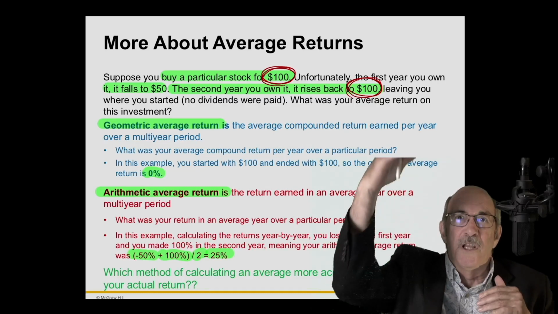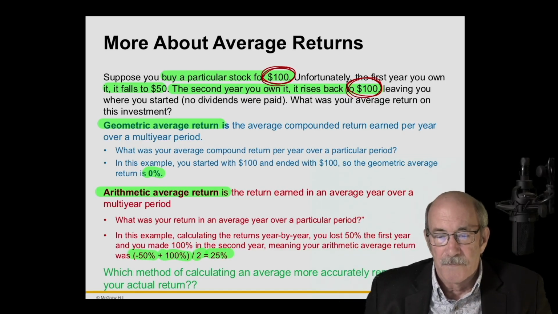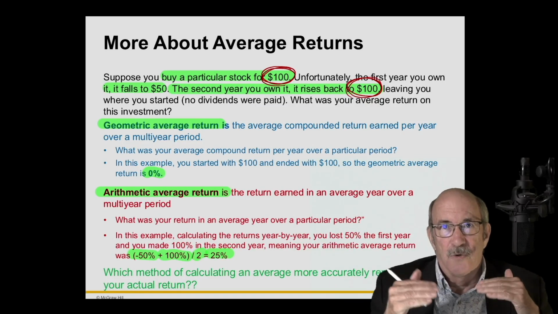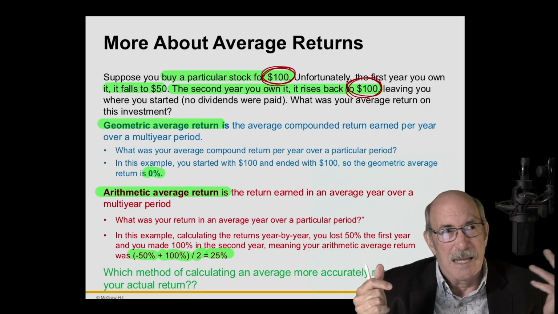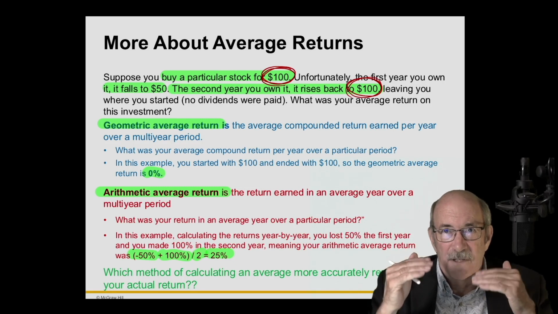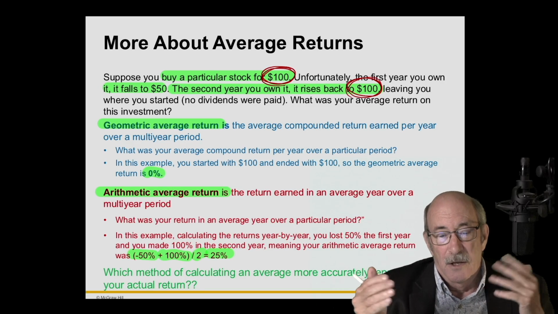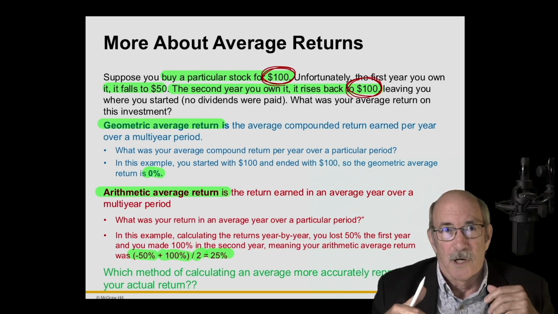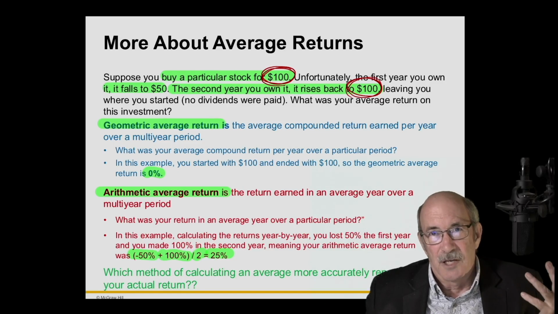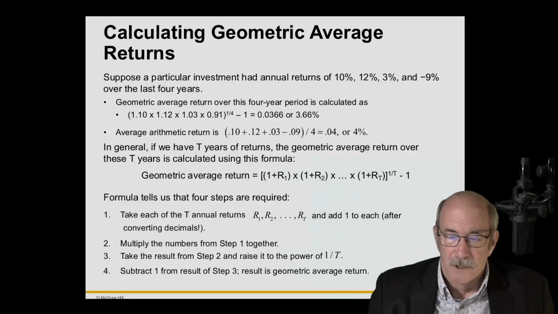So some really high returns followed by some really low returns, or vice versa. That's where these two deviate the most from one another. In many cases, though, when returns have just small amounts of volatility from one period to the next, the geometric average and the arithmetic average are pretty close to one another. So in those cases, it almost doesn't matter. But you should know this regardless.